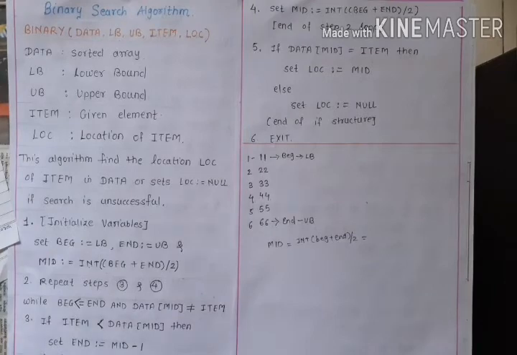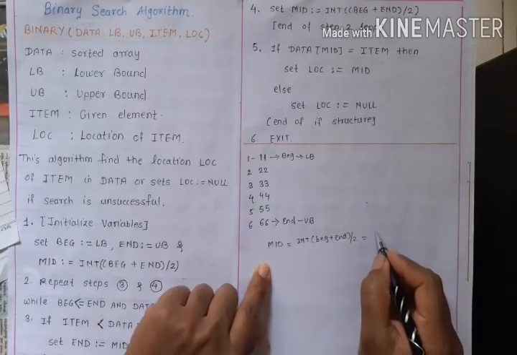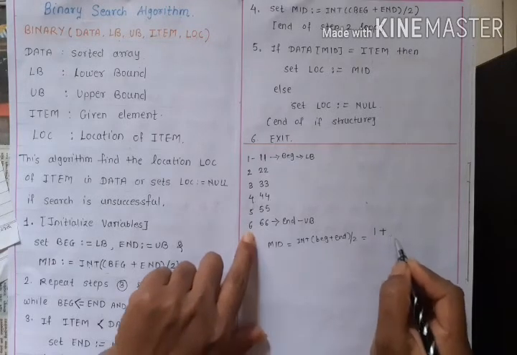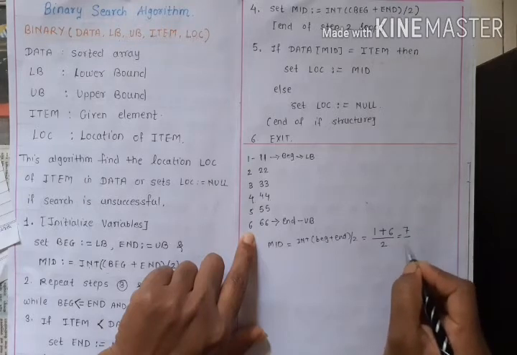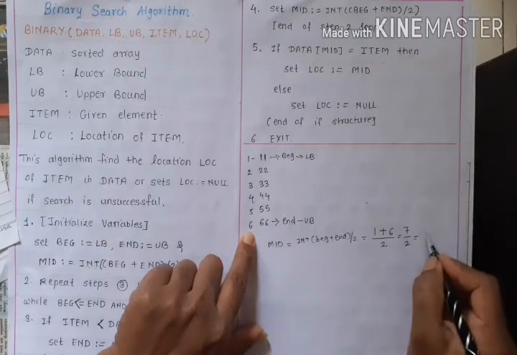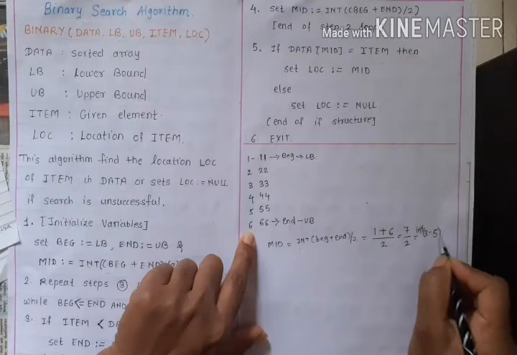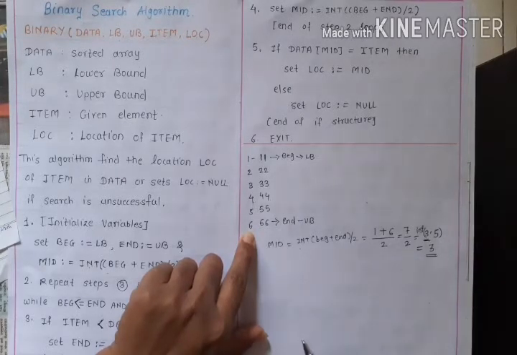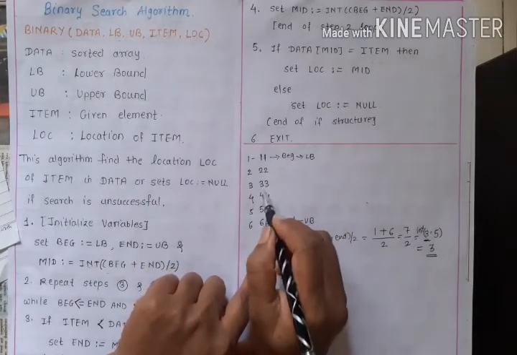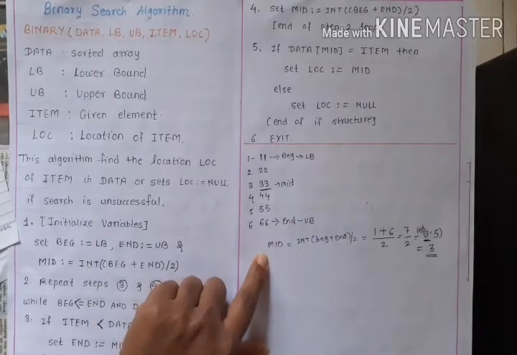This is the index of the given elements. The beginning value is index 1, plus the last index 6, upon 2. Then 7 by 2, that is 3.5. But here int means 3.5 becomes 3, taking only the integer part. Then what is the mid of this? 33. This is the mid element of this array.